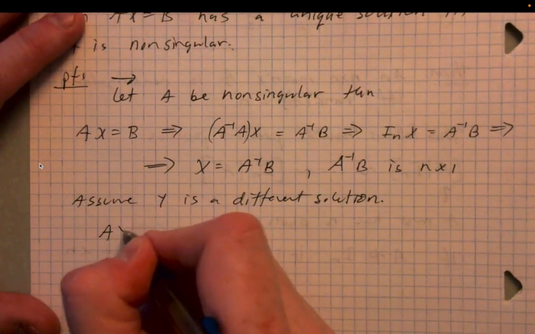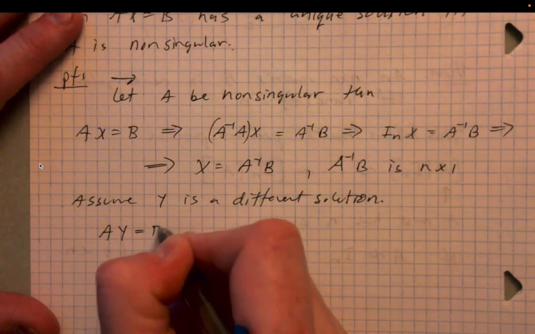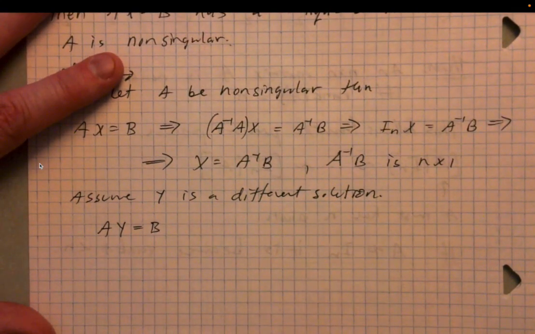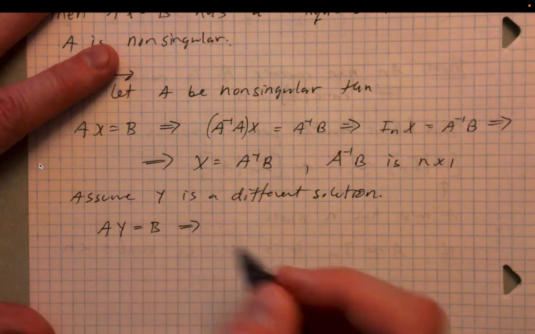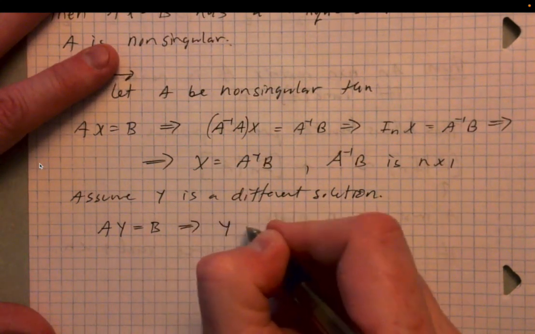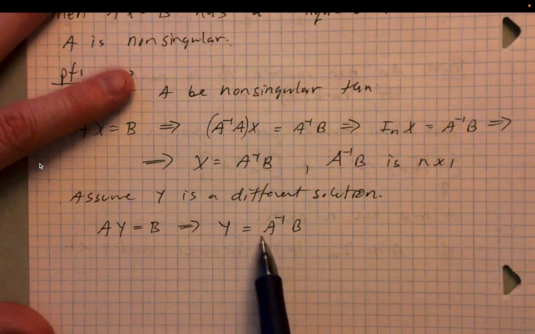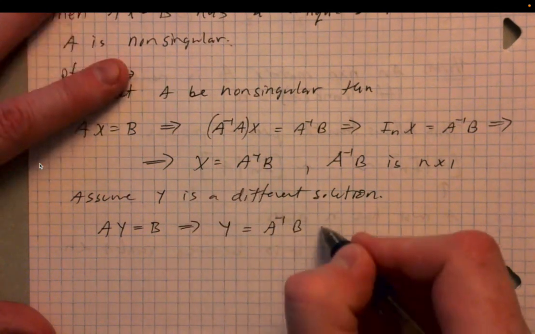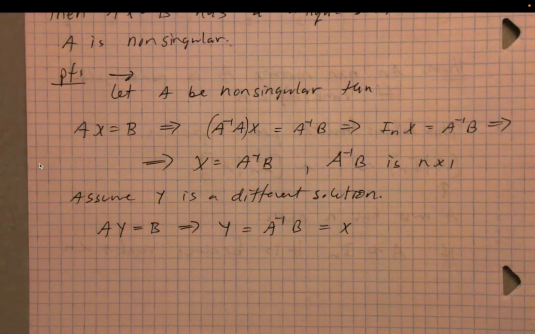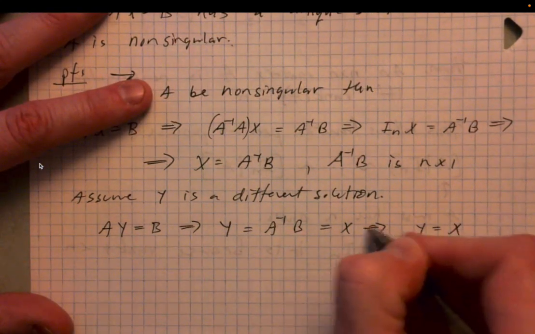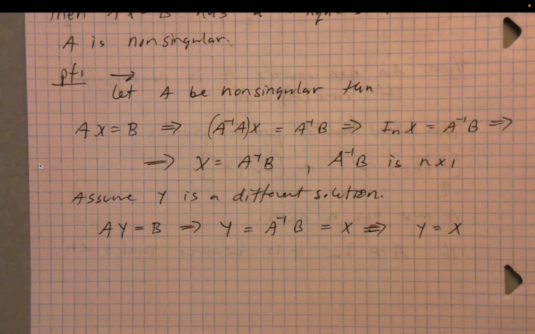So you have a different system, A times y = b. Well, then I know that y is going to be equal to A inverse times b. But A inverse times b I just saw is equal to x. So y is equal to x, isn't it? There's no way this can produce distinct solutions. It has to be unique.